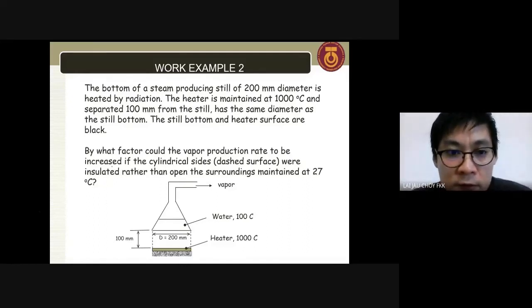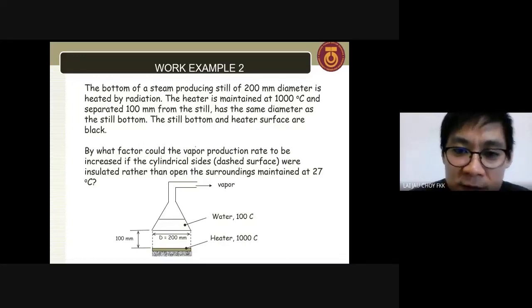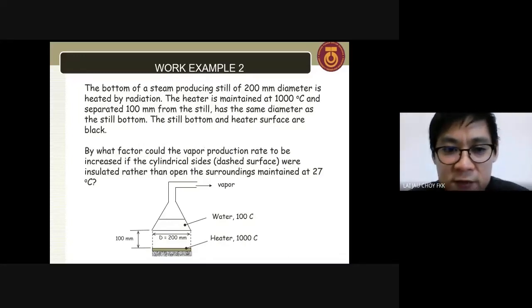So the question is, by what factor could the vapor production rate be increased if the cylindrical sides, this part, were insulated rather than open to the surrounding, maintained at 27 degrees Celsius.